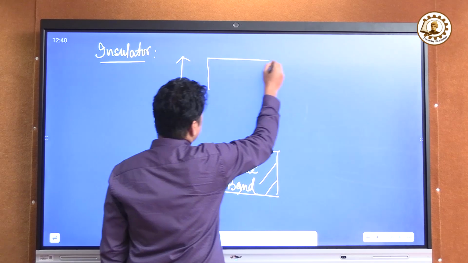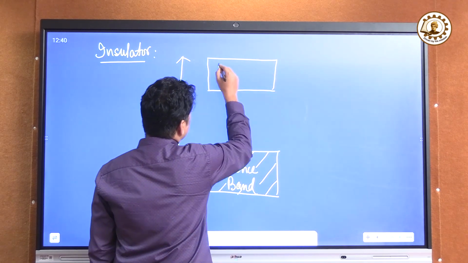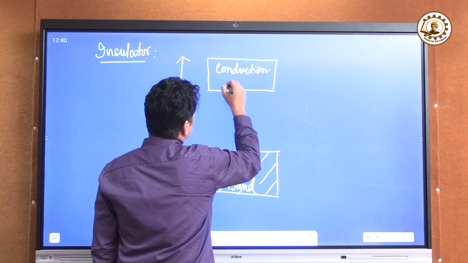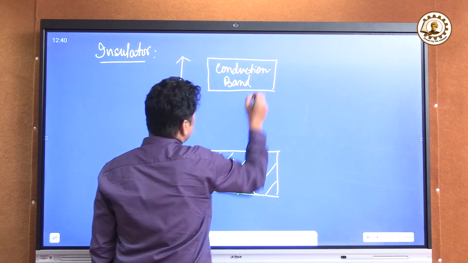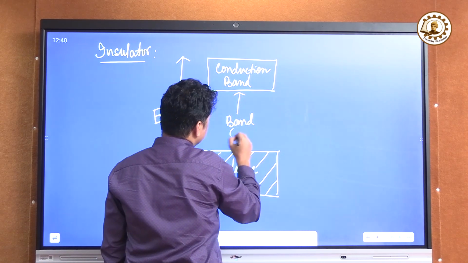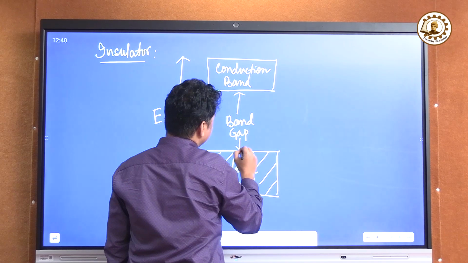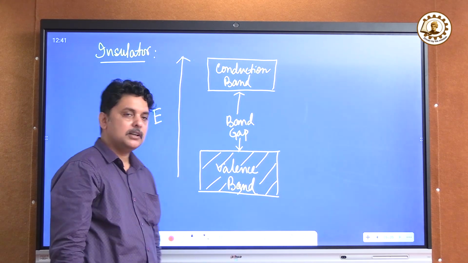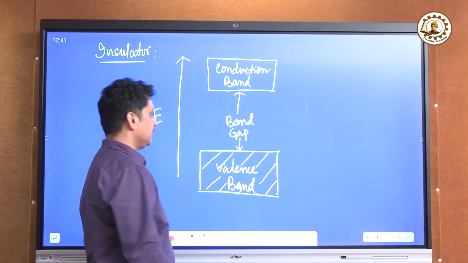And this is your conduction band. This is called the band gap. Usually the band gap in case of an insulator is pretty high, more than 5 electron volt, 3 to 5 electron volt.